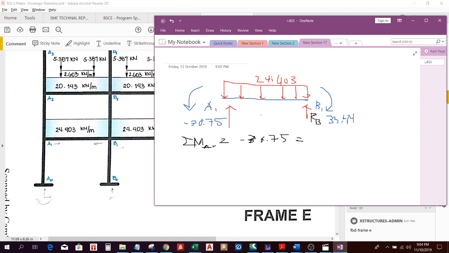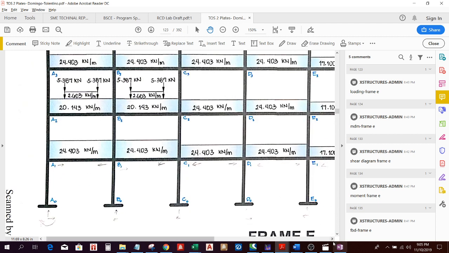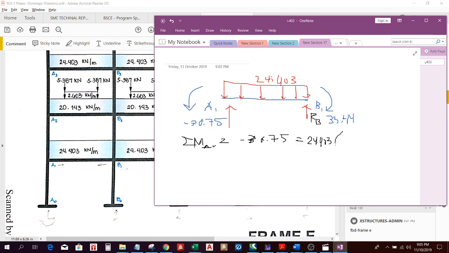So that is 24.403 times, what's the distance? 4. So that is going clockwise. So it will be held by 33.44 plus 33.44.